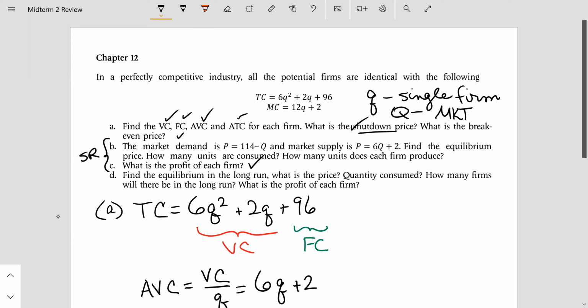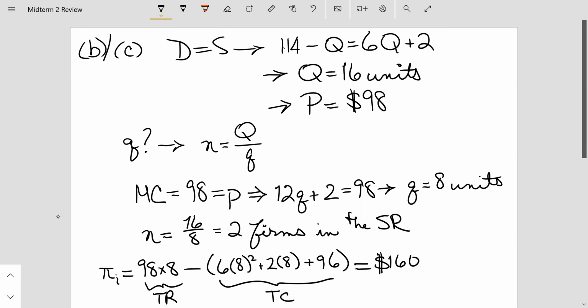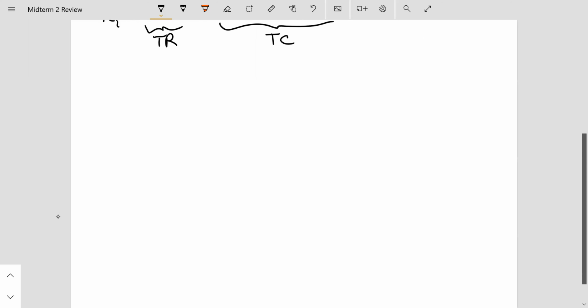So now we want to find the equilibrium in the long run. And so we want to know what is the price, quantity consumed, how many firms will be in the long run, and what's the profit from each firm. Since we're talking about the long run, the important thing to note is that in the long run, profit is equal to 0.